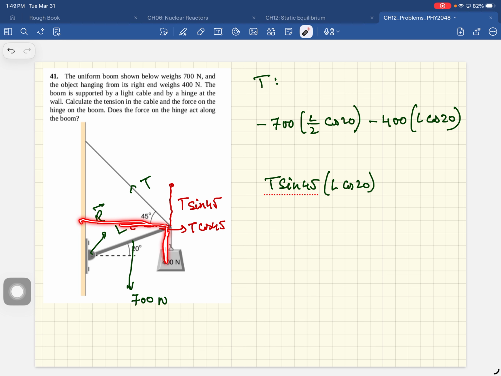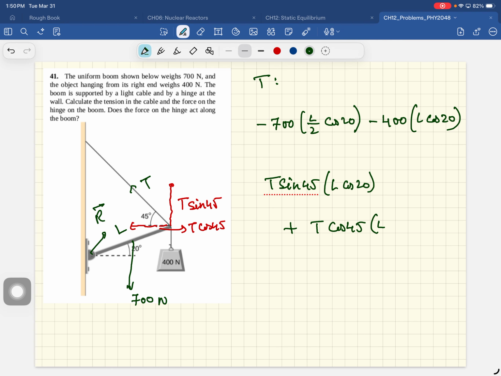All right, now we want to find this one. So again, what we'll do is break it into x and y components. The x components: this force has this x component, and this is the only other force that has an x component.